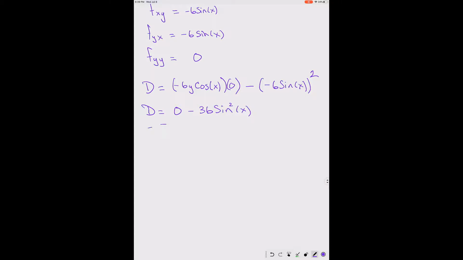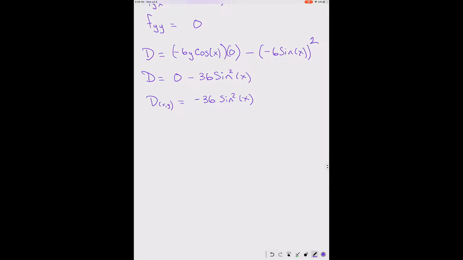And so I could write this very fancy. I could write D evaluated at these points of x and y that I'm interested in is equal to minus 36 sine squared of x. And so we have a little chart in our book, and it says if D is bigger than 0, these are maxes and mins.